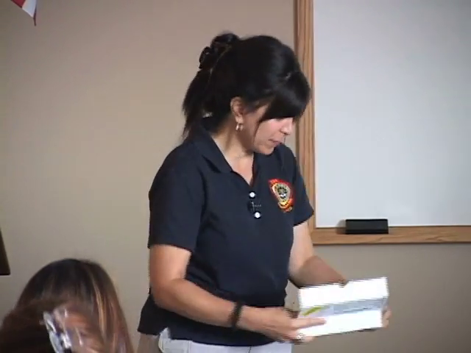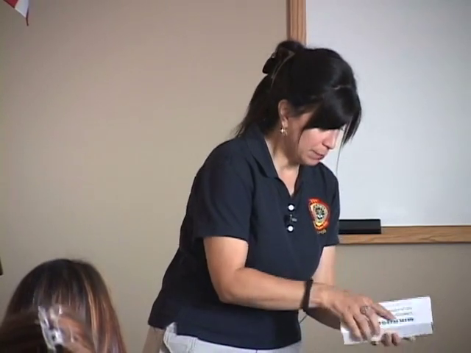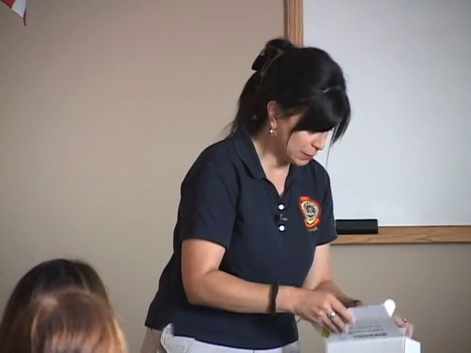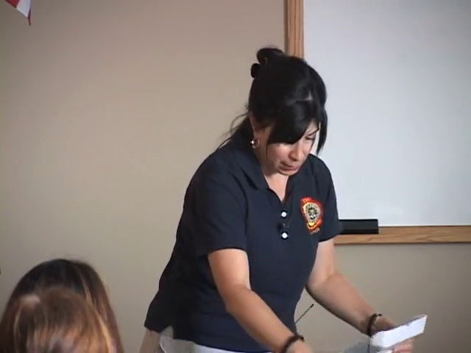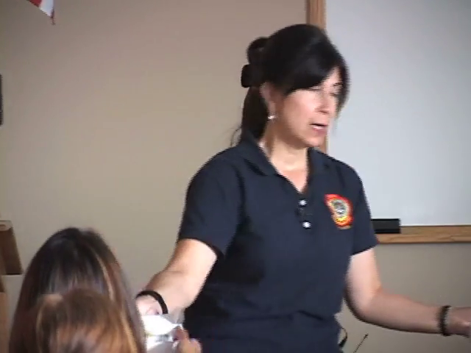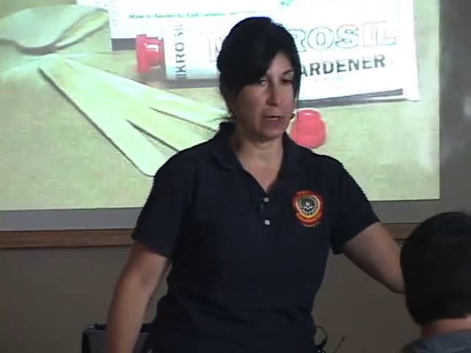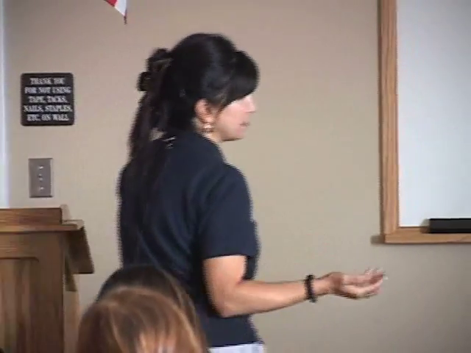I'll pass this around really quickly, and then we'll do a small demonstration, and then you guys will also. Okay, it comes in colors. It comes in black, gray, white, and brown. It all depends. Some people have better luck with different colors. Some people like the gray best, some people like the black better, okay? Those are the two that I see used the most. So it just all depends on your preference.